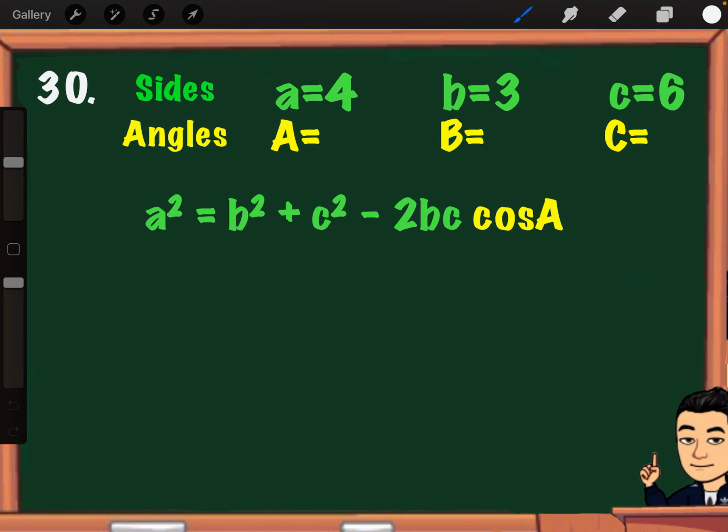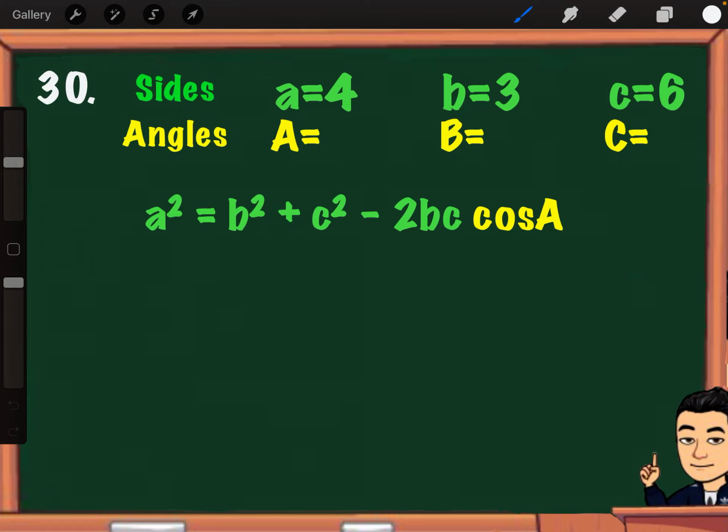This is the SSS. Since it's SSS, you can use any formula you want to start with. I'm using the a squared equals formula to solve for the angle.